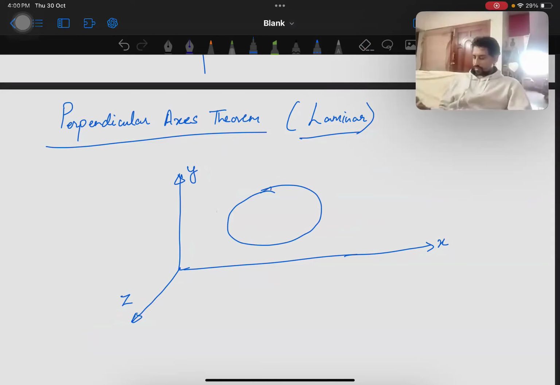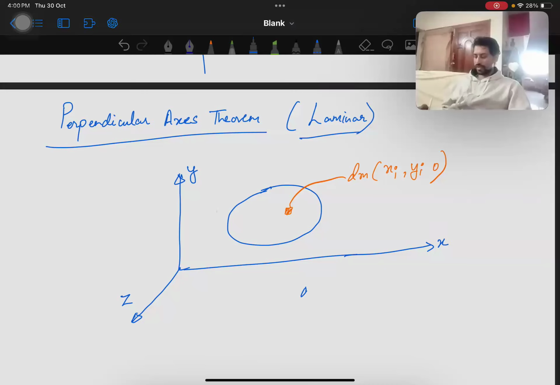So now let's select over here one element which has coordinates xi, yi. And since it's the xy plane, the z coordinate is going to be 0. So how much is the moment of inertia of this particular object about the x-axis?